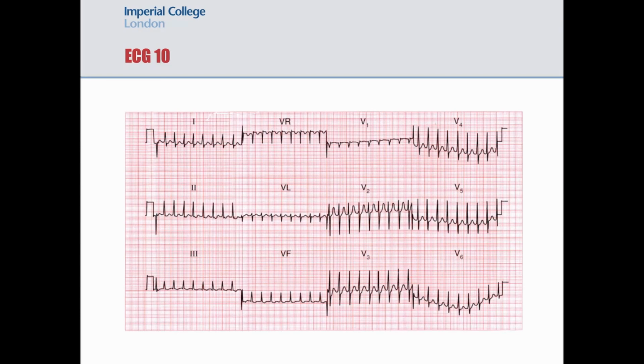So someone said it's tachycardia. So does anyone know what the ECG actually shows? Okay, yeah, someone's answered supraventricular tachycardia, SVT for short. Yeah, so that's great. That's absolutely correct.